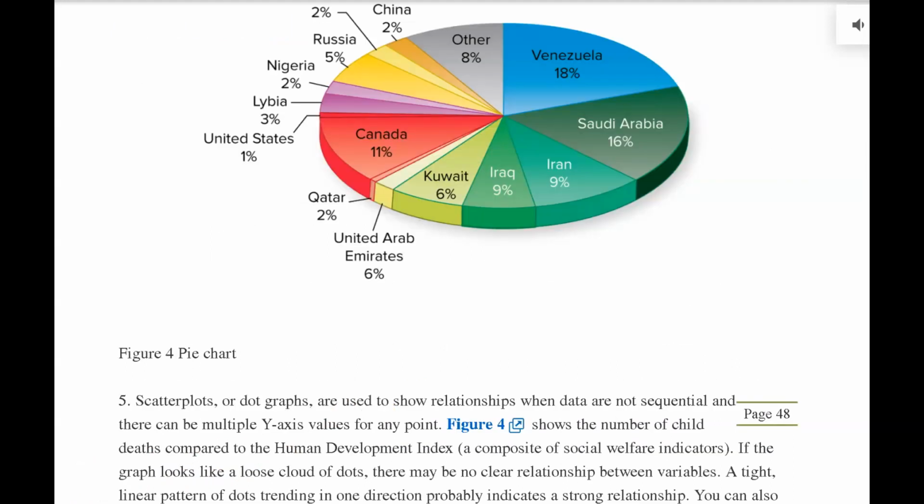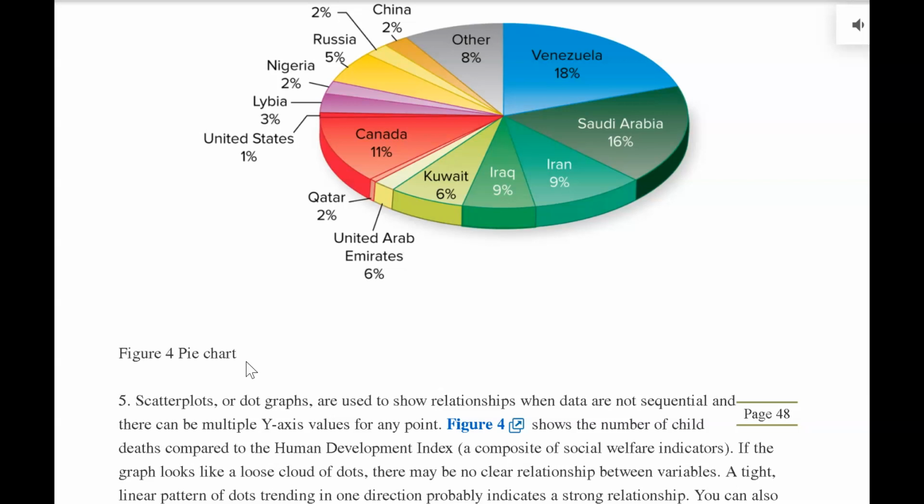Another thing that I wanted to point out is that, especially if you have several graphs in a lab report or in a chapter of a book, they should be numbered. So for example, this particular graph is figure 4, and the graph is supposed to have a title. The title of this graph is pie chart, because this particular chapter is just talking about the most common types of graphs, right?